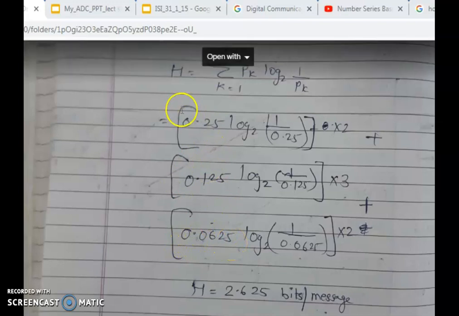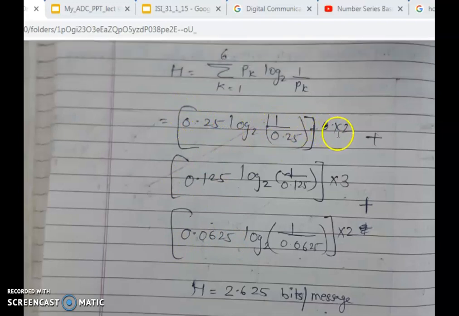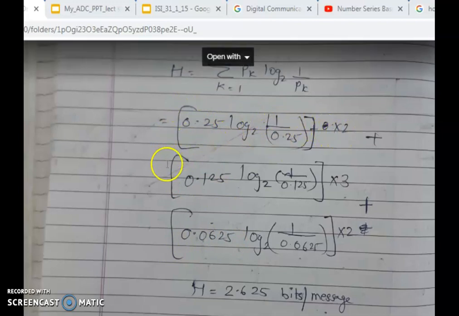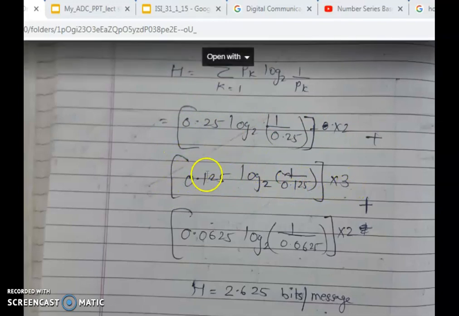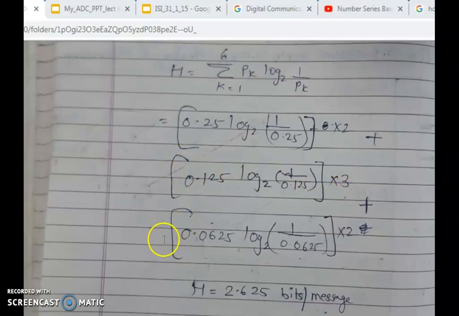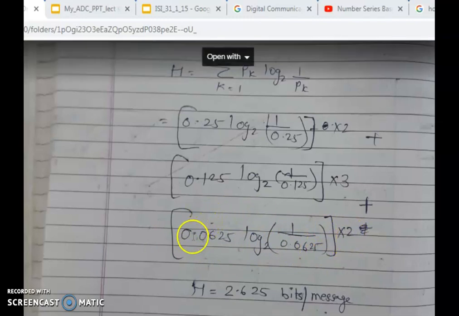So I will calculate the entropy as 0.25 log to the base 2 of 1 upon 0.25 into 2. Then the next probability, 0.125 log to the base 2 of 1 upon 0.125 into 3, because 3 symbols have the same probability 0.125. The next is 0.0625 log to the base 2 of 1 upon 0.0625 into 2, as the 2 symbols have the same probability.